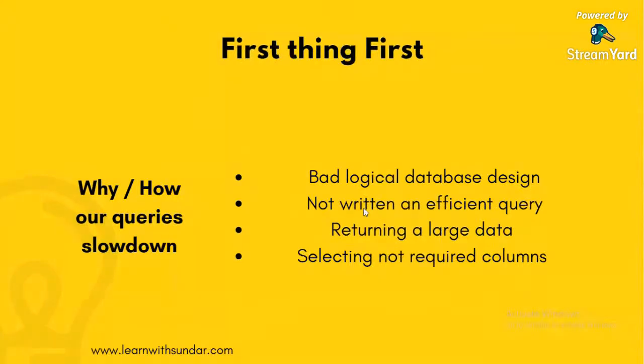So always design your database in an efficient way. If you apply a bad logic of design, then definitely our queries will slow down. And if you are not writing an efficient query, that will also turn into a very slow process.